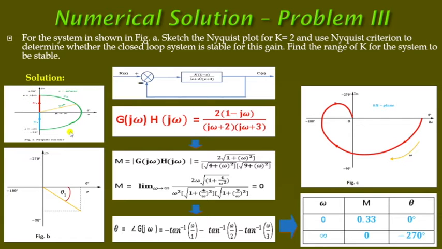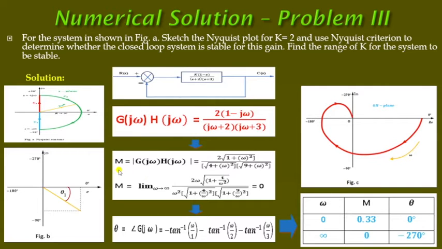So draw the Nyquist closed contour in the S-plane. Then first consider the C1 path and draw the polar plot. Put s equal to j omega. So this is 2 into (1 minus j omega) divided by (j omega plus 2) into (j omega plus 3).